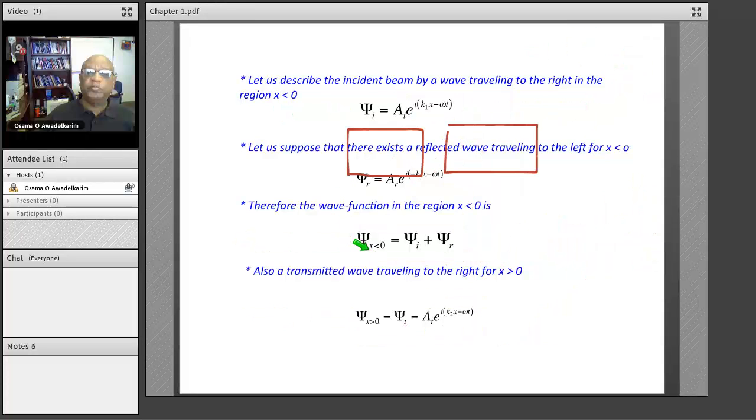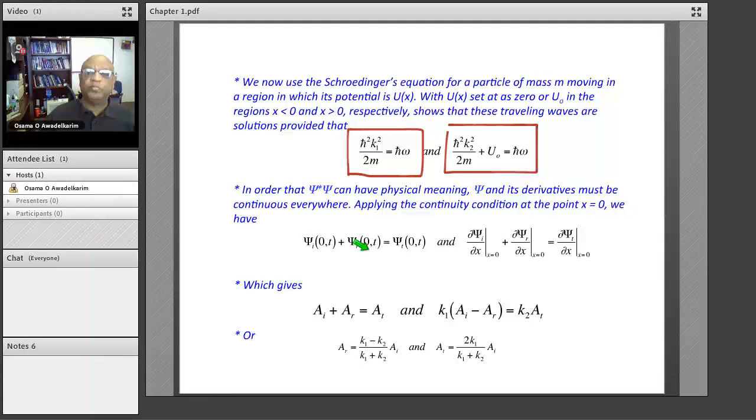And once I substitute these solutions, I find out that the two conditions for these solutions are these.